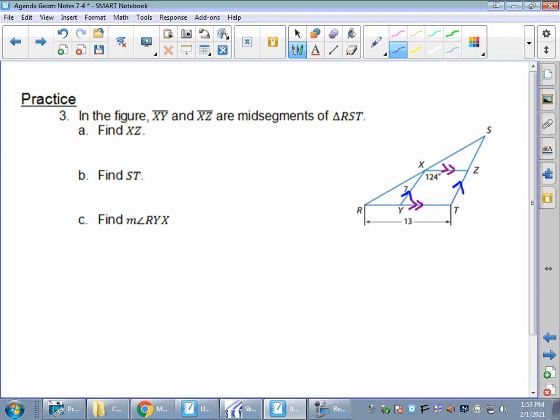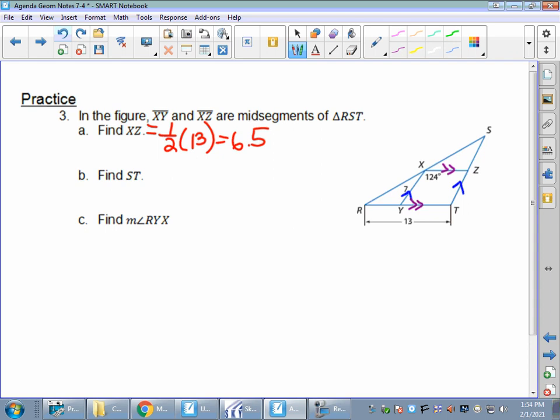Find XZ. Well, here's XZ. We know it's a mid-segment, and we know that the mid-segment is equal to half of the parallel base. Well, this parallel base is 13, wouldn't you agree? So that means that XZ has to be equal to 1/2 of 13, or 6.5.